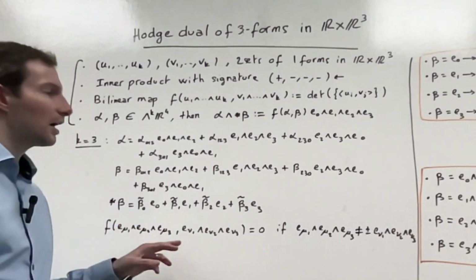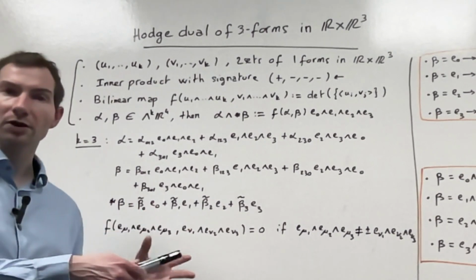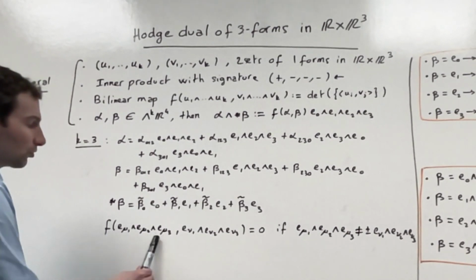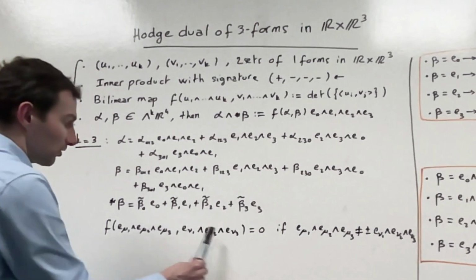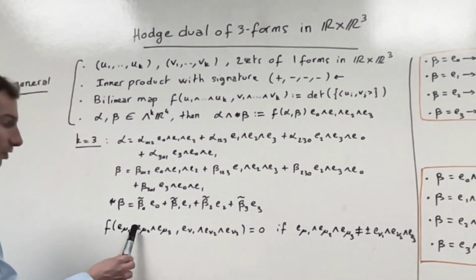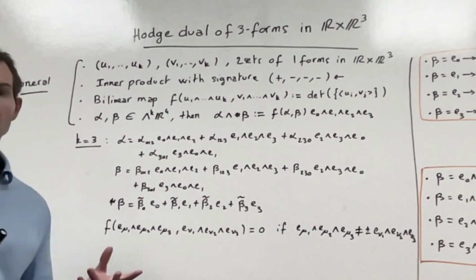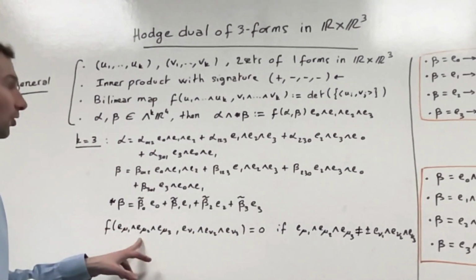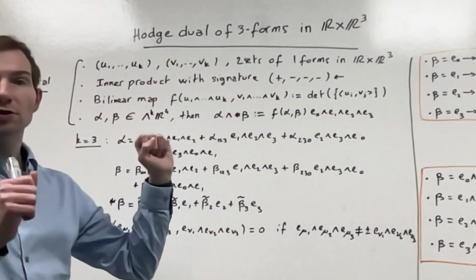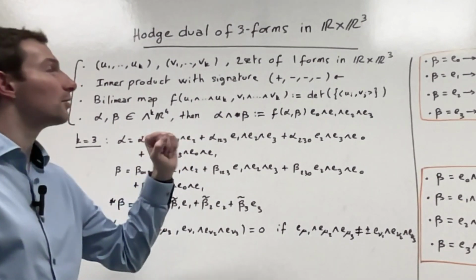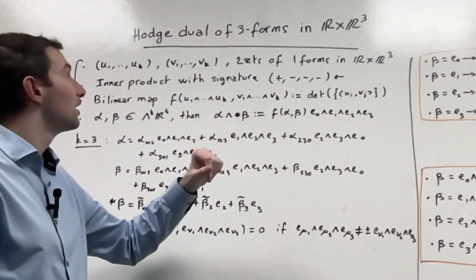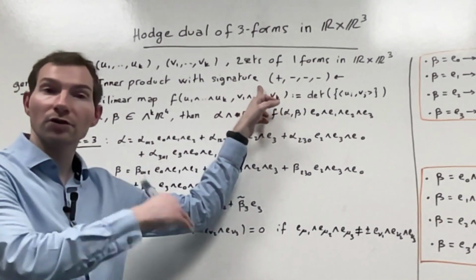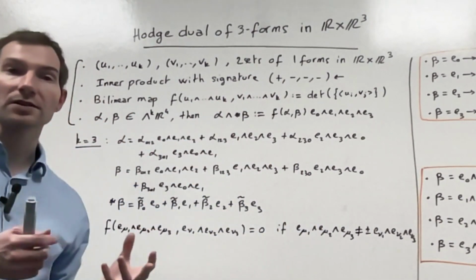But one of the reasons is because I didn't say right away that we need to work a bit to appreciate that if you have any three form with any three form here that are related to the product of the e's, which correspond to the canonical basis, then because they correspond to the pseudo or quasi Euclidean metric, this Minkowskian one with this particular signature, you've got plus 1, minus 1, minus 1, minus 1 along the diagonal, and then 0 everywhere else as far as the inner product is concerned.